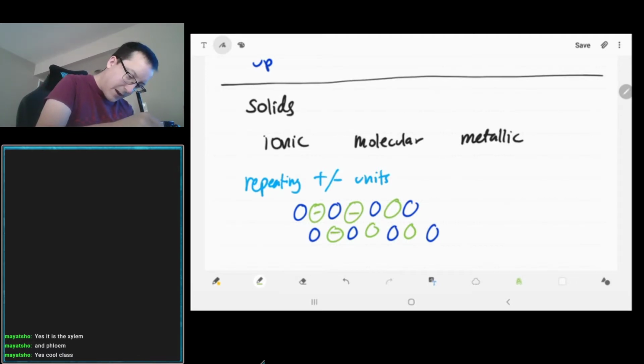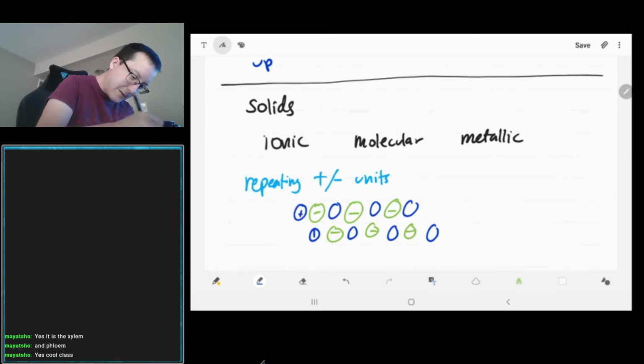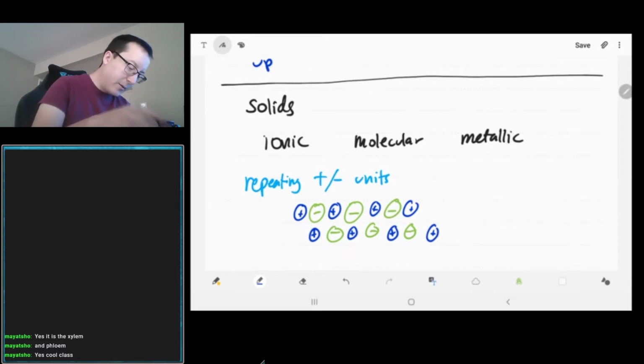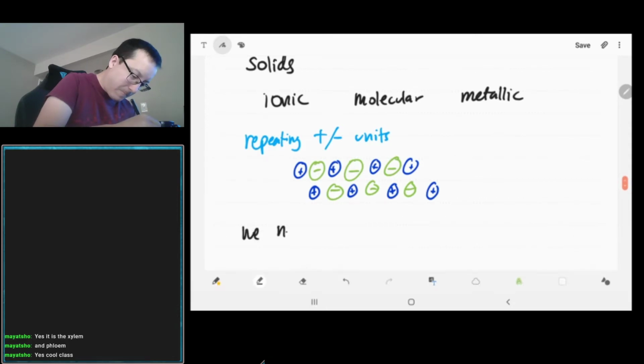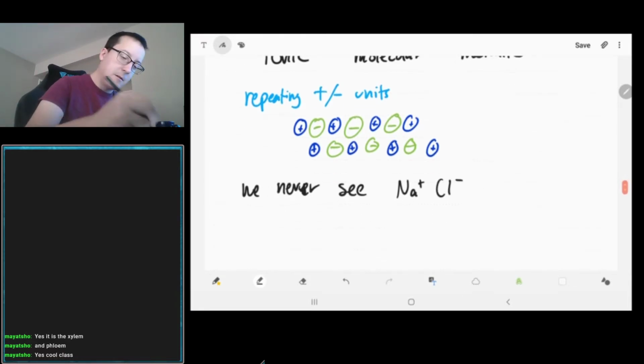Make all these minuses, and we'll make these guys pluses. So ionic solids look like this. We never really see just one Na+ and one Cl minus.